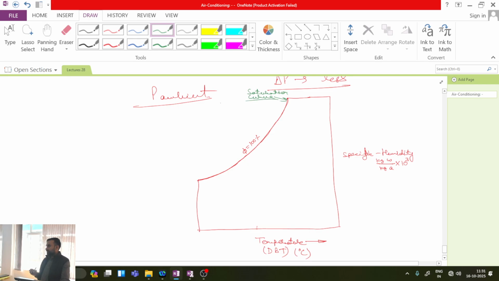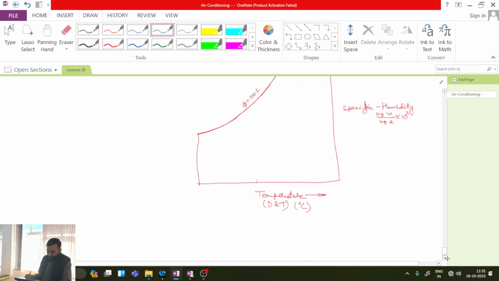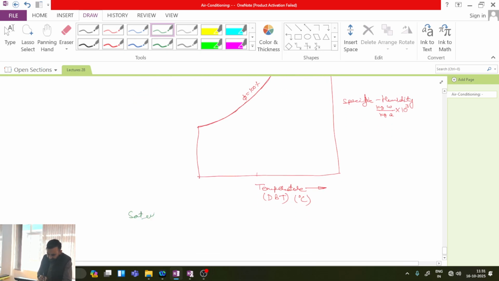Okay. Now how can I represent the saturation curve? It's very simple. This is one of the simplest lines to represent on this. So I know my W is 0.622 into PW upon P minus PW.